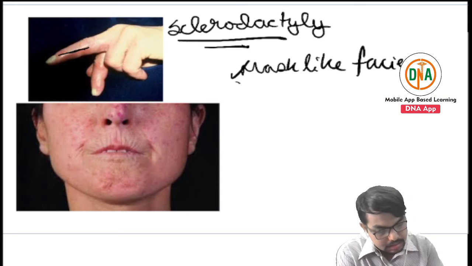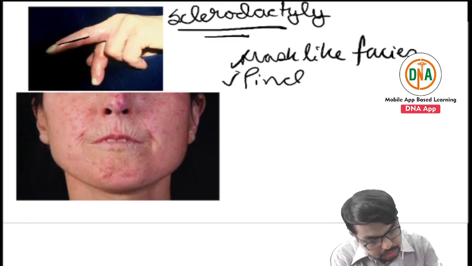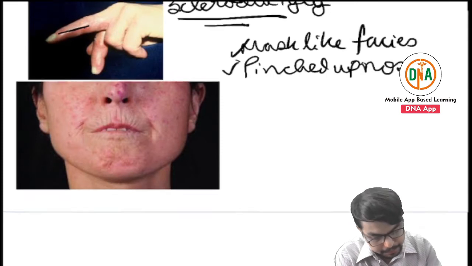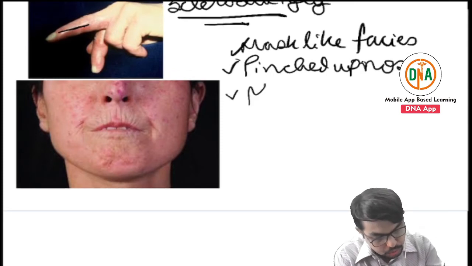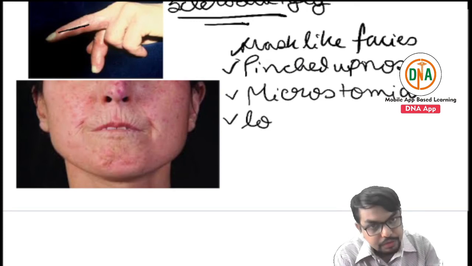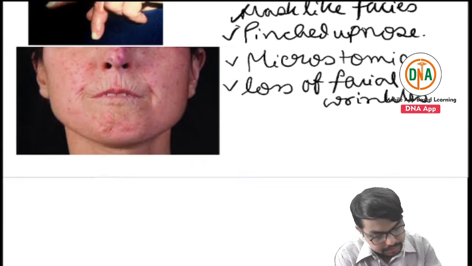The mask-like face. There is a pinched up nose, big nose. Next, microstomia, loss of facial wrinkles.